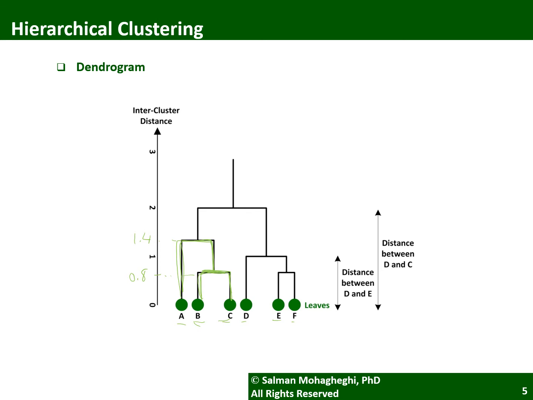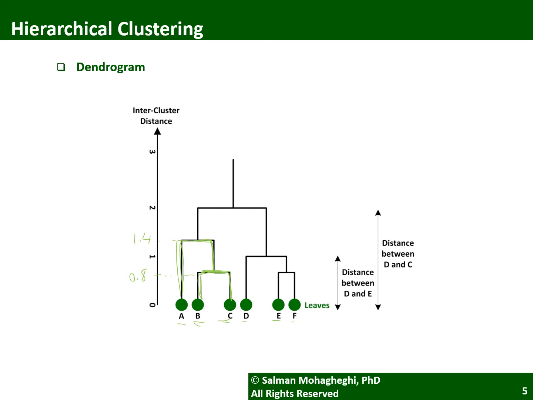When you merge data instances or clusters at lower levels of the tree, that indicates that they are pretty similar to one another. For example, if B and C had been merged at, let's say, 0.1, that would have meant that the distance between the 2 is just 0.1, meaning that the 2 are very close to one another. On the other hand, when merging happens near the top of the tree, it's telling you that these data instances or clusters are not very similar, are quite different.